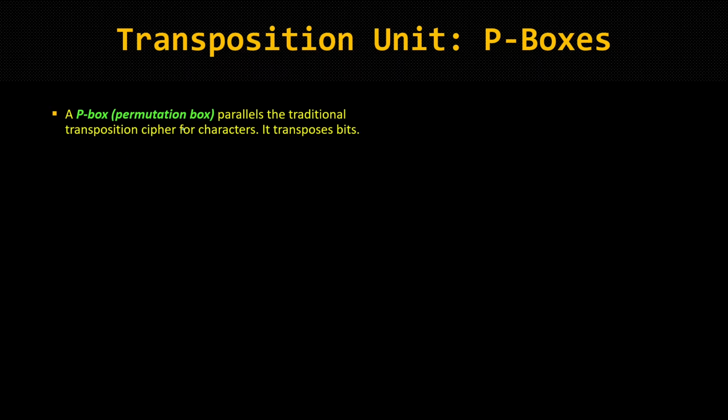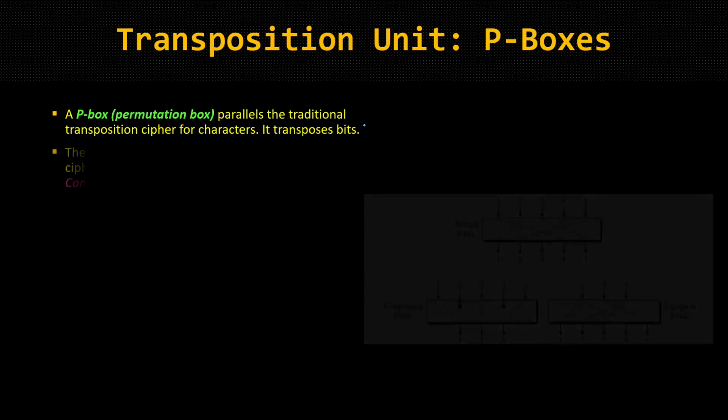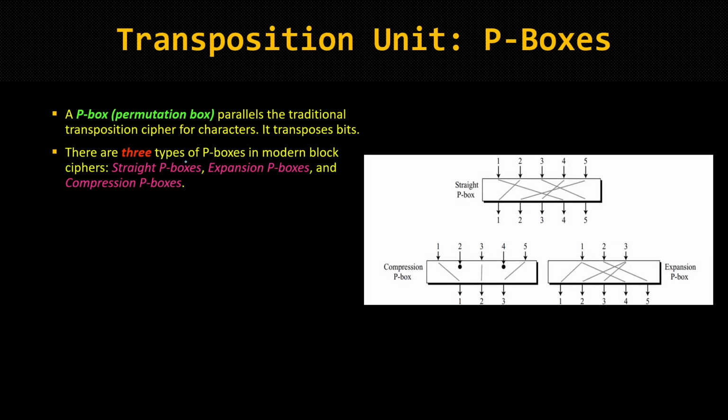Now moving on to the transposition unit, which are our P boxes. A P box, permutation box, parallels the traditional transposition cipher for characters. It basically transposes the bits. So there are three types of P boxes in modern block ciphers. They are straight P boxes, expansion P boxes, and compression P boxes.